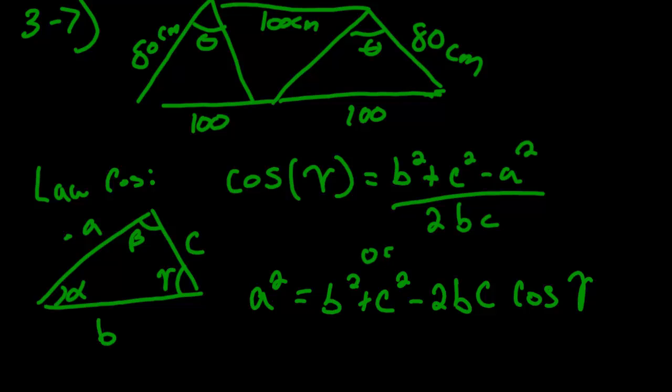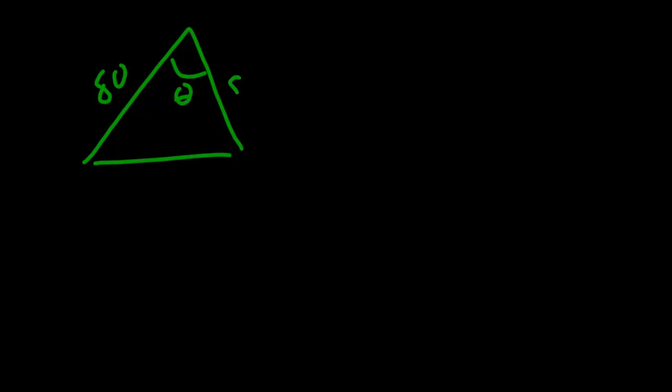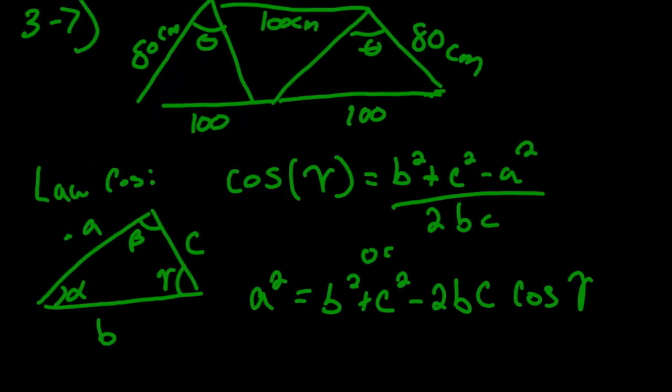So for this problem, how are we going to find alpha? I would think the first step is just to redraw this triangle, right? We could redraw it as one triangle with that as theta, 80, 80, and 100. And we could think of theta as gamma, right? So if we want to compare this to gamma, we go back to the law of cosines.